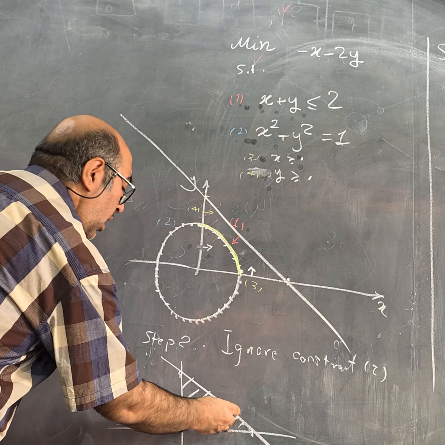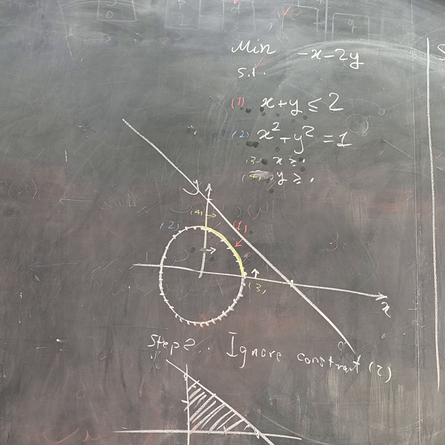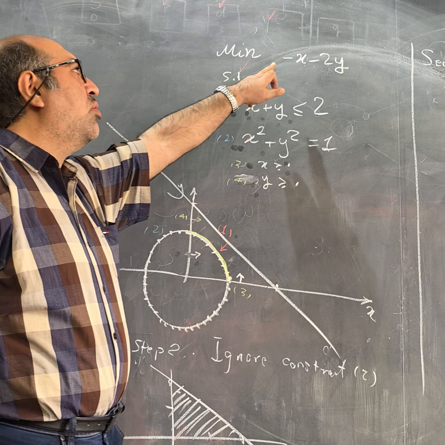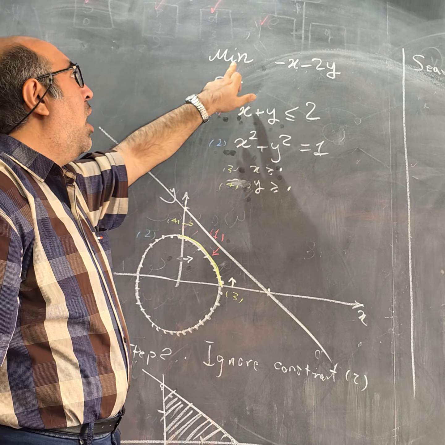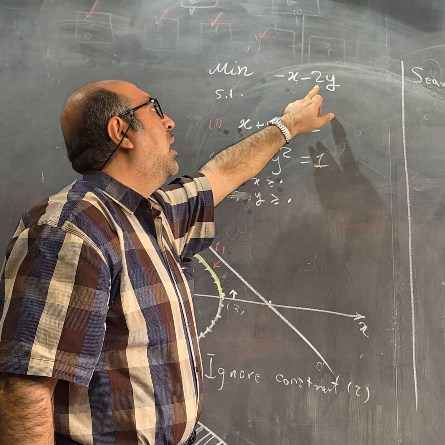The feasible set contains such nodes. I return to the objective function. I need to minimize x minus 2y.